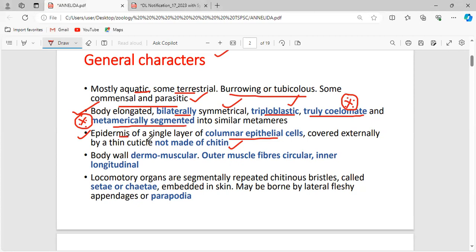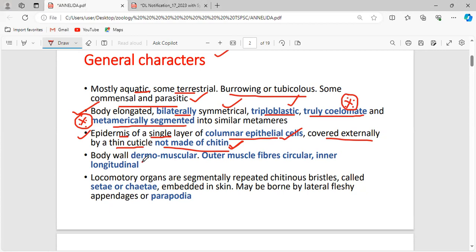Epidermis is the outer layer, generally made up of a single layer of columnar epithelial cells, covered externally by a thin cuticle, not made up of chitin, which means it can be easily degenerated. If it is made up of chitin, it is hard to destroy that particular organism, but it is made up of only a thin cuticle.